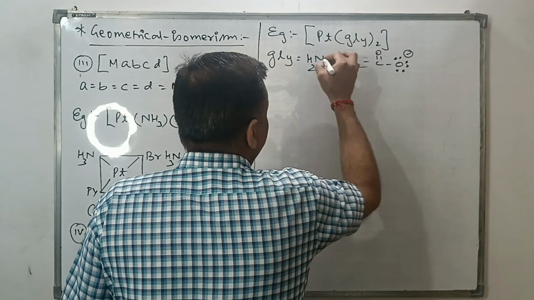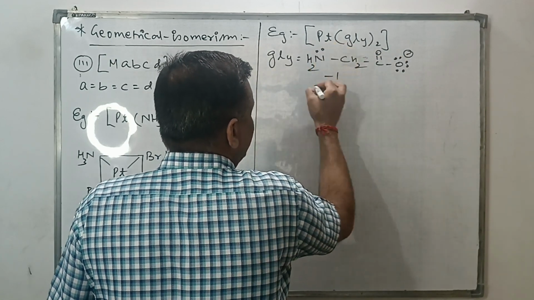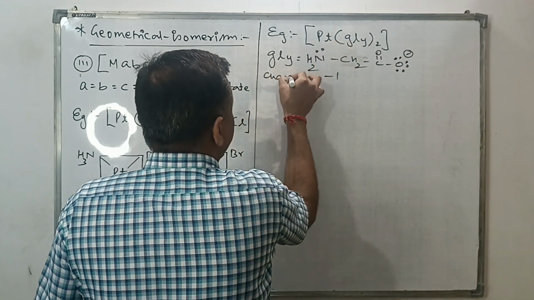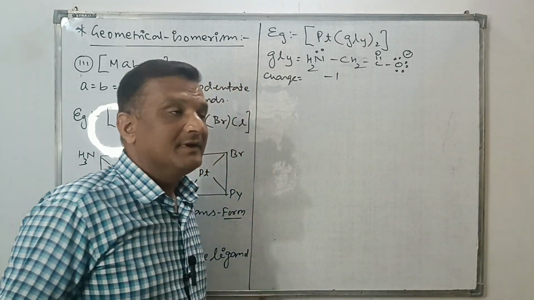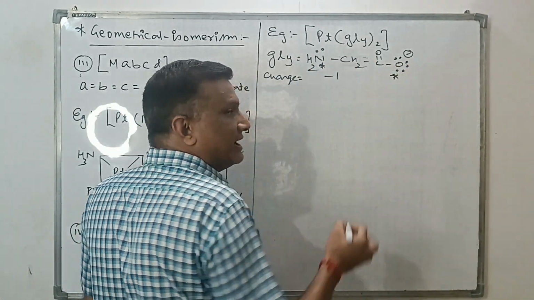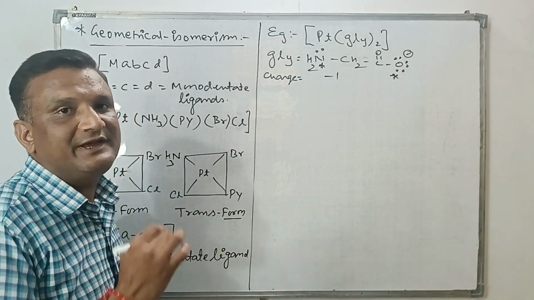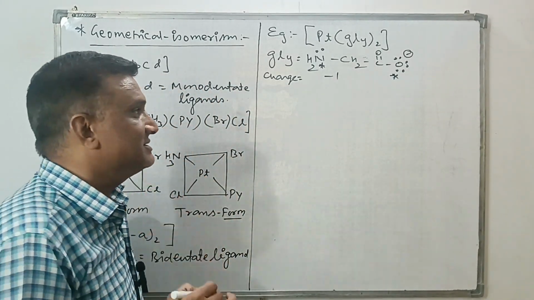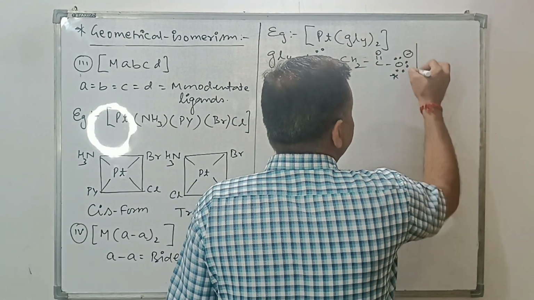It's a bidentate ligand with the -1 charge. Bidentate ligand, donor atom nitrogen and donor atom oxygen. It is formed from one of the important amino acids that is called glycine.